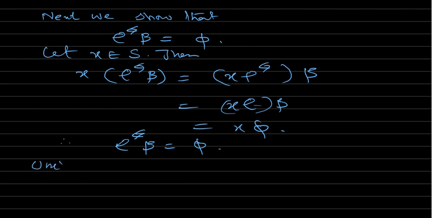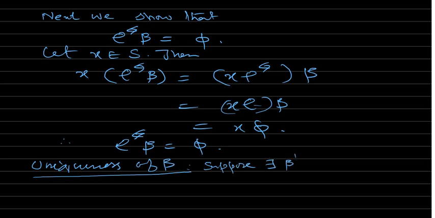Suppose there exists a morphism beta dash from S over rho to T such that the diagram commutes, which means that rho natural beta dash is equal to phi.